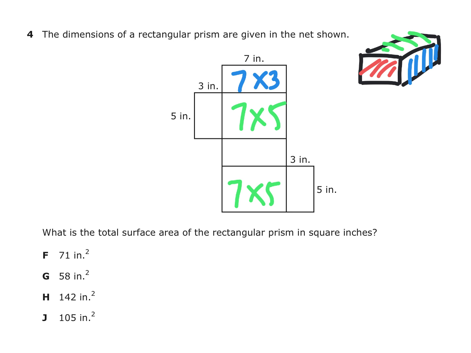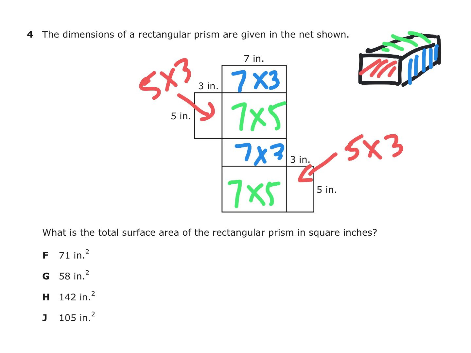And this one would be 7 by 3. Those 2 are the same. And then the red one would be this one right here, which is 5 by 3, and this one right here, which is 5 by 3. And so then all we have to do is multiply those out and add them.